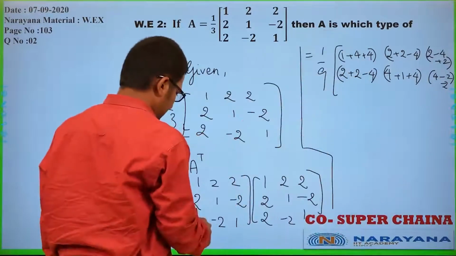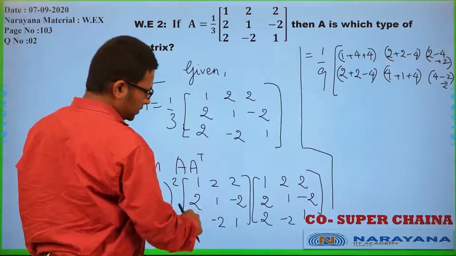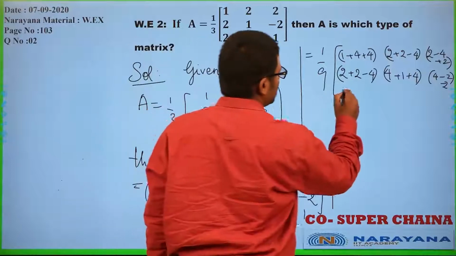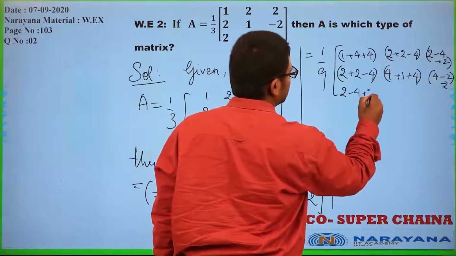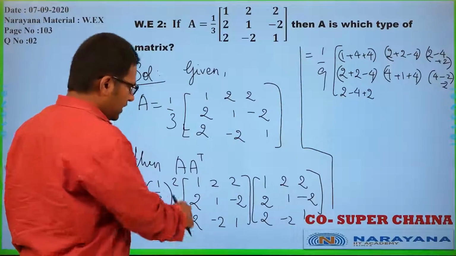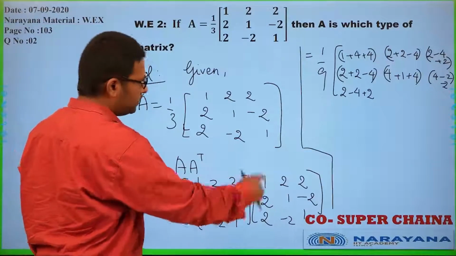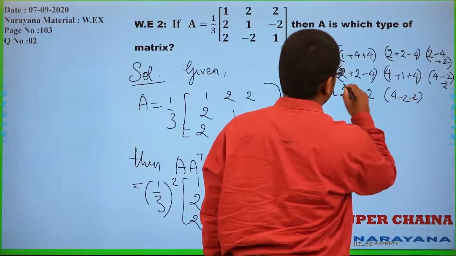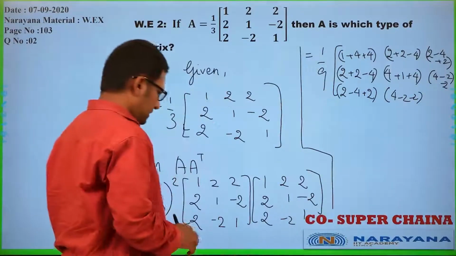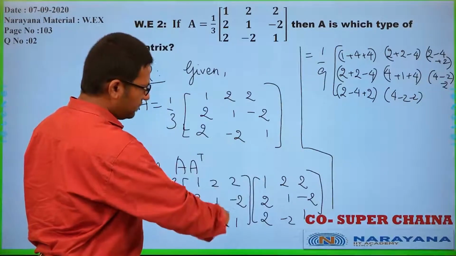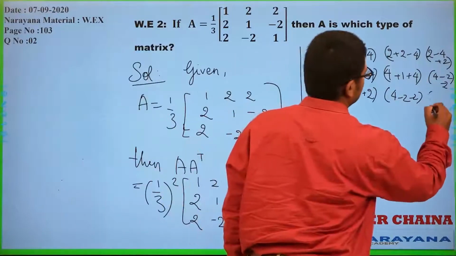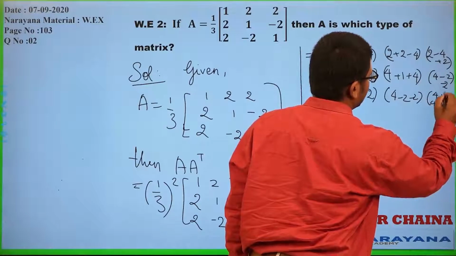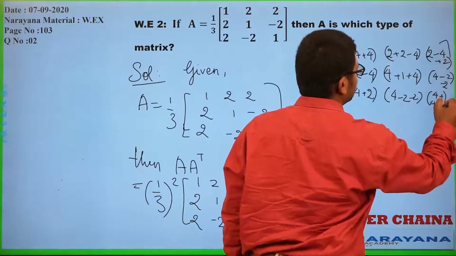Then 2, minus 2, 1 into 1, 2, 2. So 2 minus 4 plus 2, 2 minus 4 plus 2. Then 4 minus 2 minus 2, 4 minus 2 minus 2, and 4 plus 4 plus 1, 4 plus 4 plus 1.